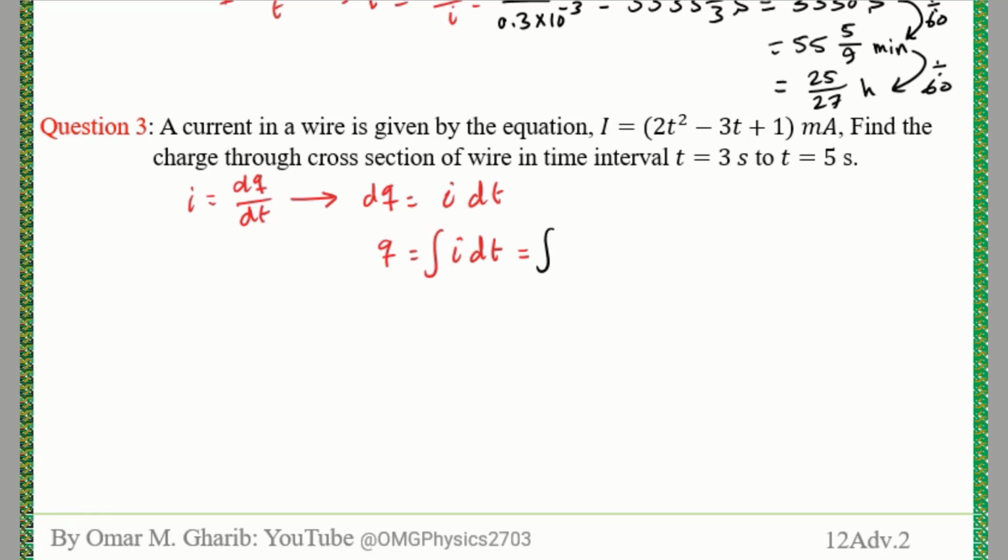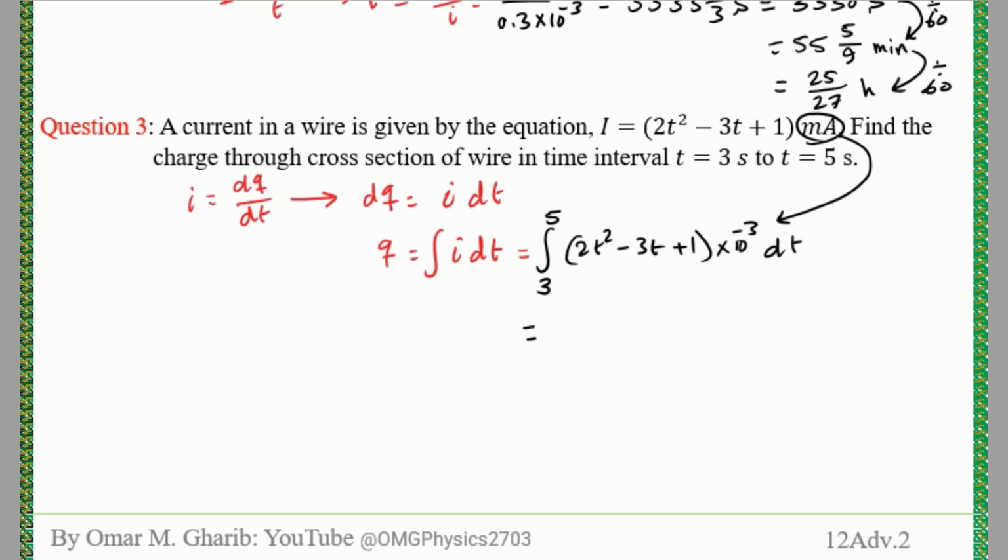Integration of I, which is 2t squared minus 3t plus 1, times 10 to the minus 3, it is milliampere, dt from t equals 3 to t equals 5. It's an easy integral. You can integrate by calculator or any method you need.